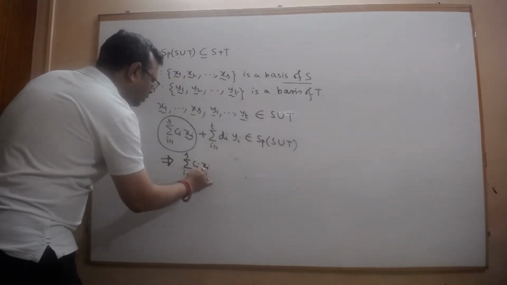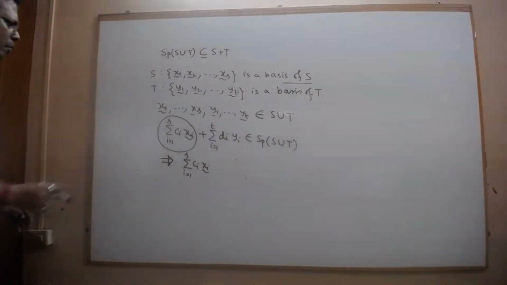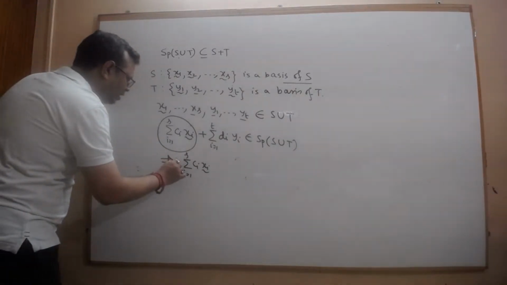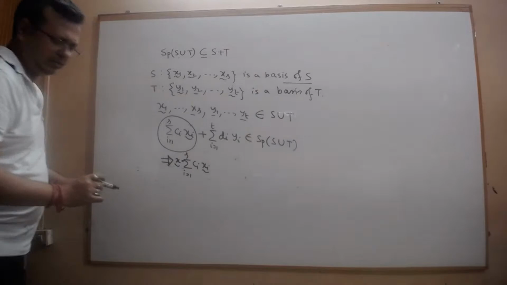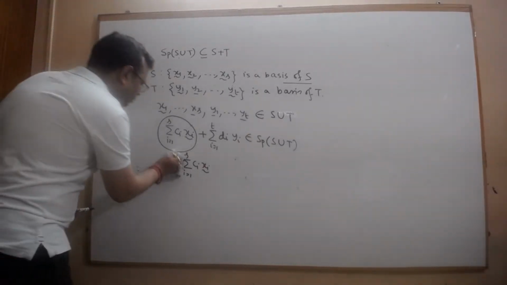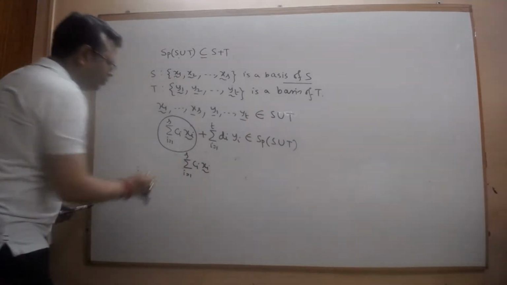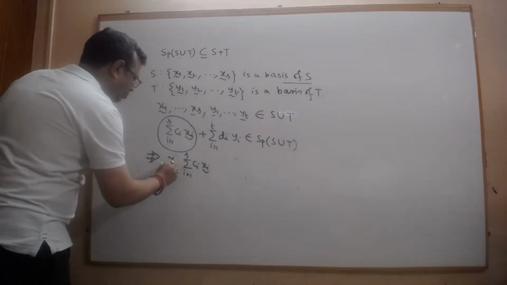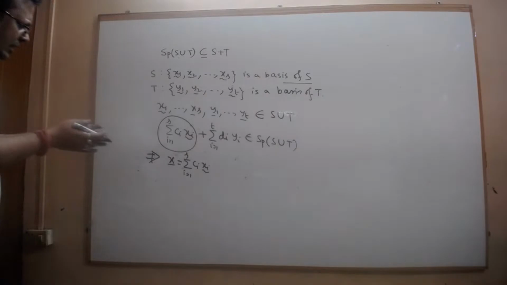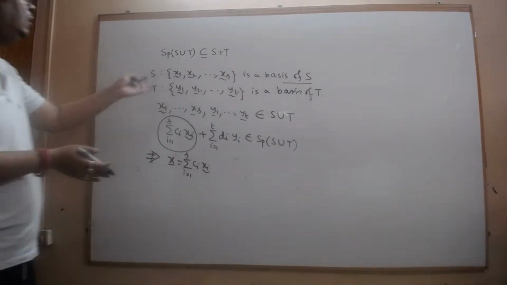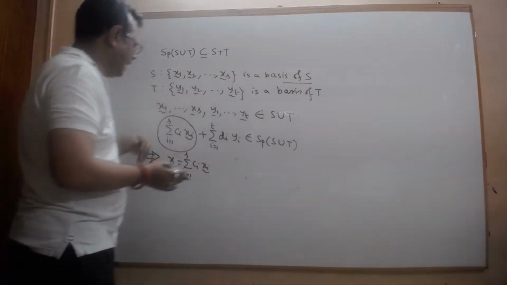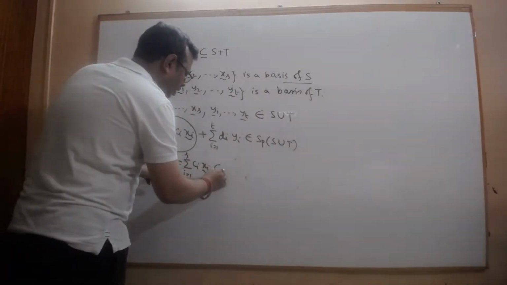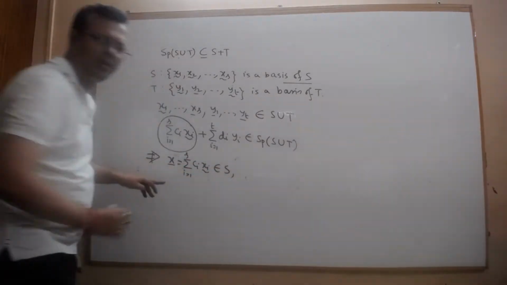We denote this linear combination by x curl. So this x curl is nothing but a linear combination of the basis of S. So this x curl belongs to S. Clear for now?